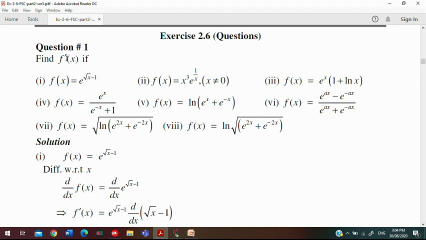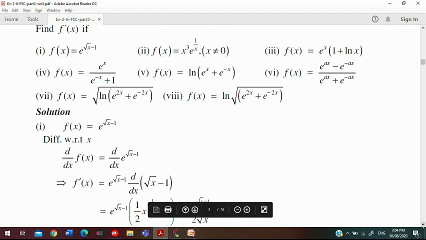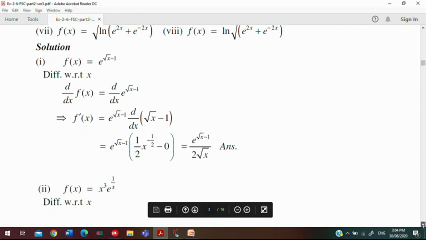F prime of x is the first derivative, or you can write it as dy by dx of this function, when f of x is equal to exponential power under root x minus 1. Now here is the complete solution, but even then I will solve it for you.